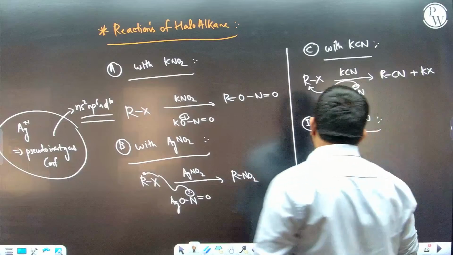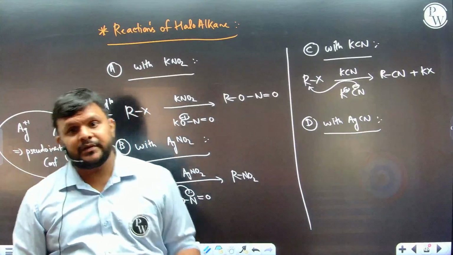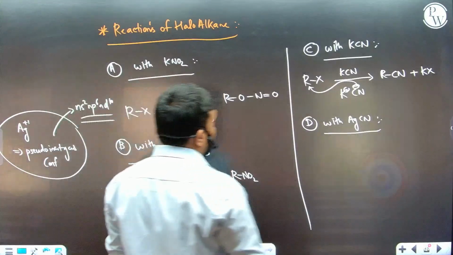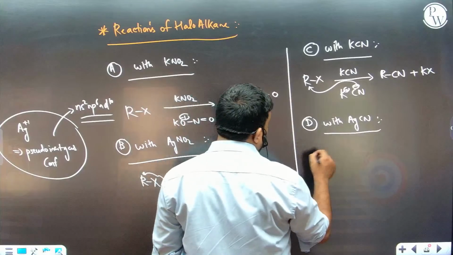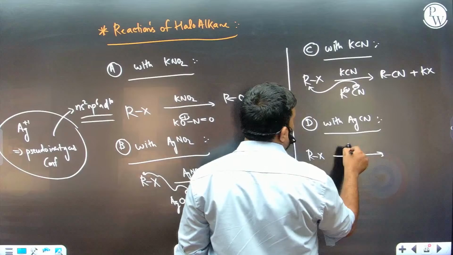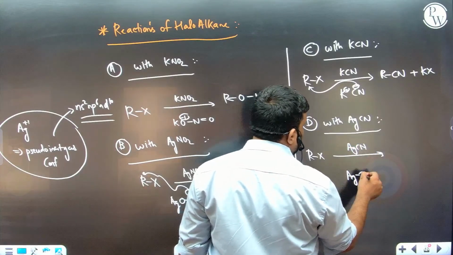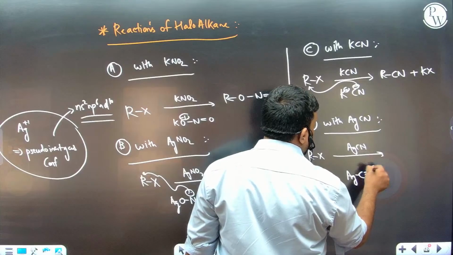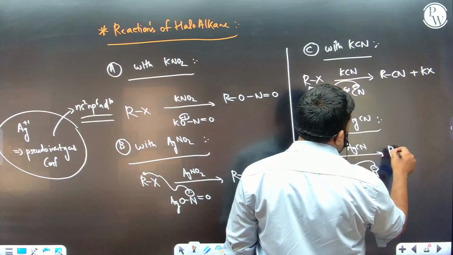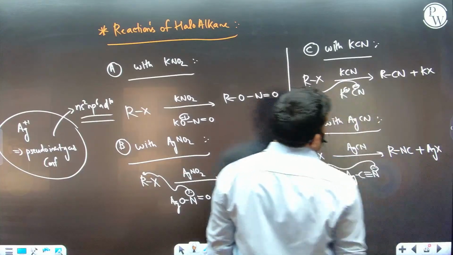That's why the Ag plus 1 salts are sparingly soluble, because they are having very high covalent character. We are reacting this with AgCN. So this time what will happen? Because of the covalent character, this time the lone pair has to attack. This lone pair will attack and we will get R-NC plus AgX as the byproduct.